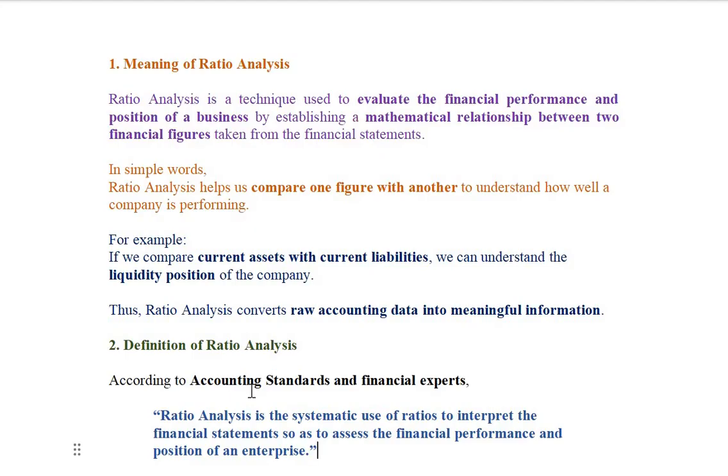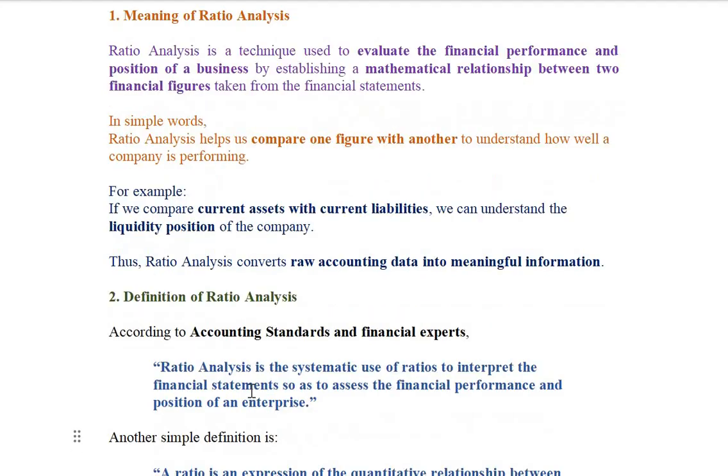So ratio analysis is useful to convert raw accounting data into meaningful information. In the financial statement, we express all the expenses and incomes, liabilities and assets. Those data are what we actually incur and do in the organization.